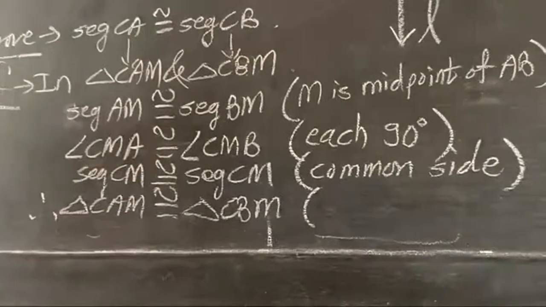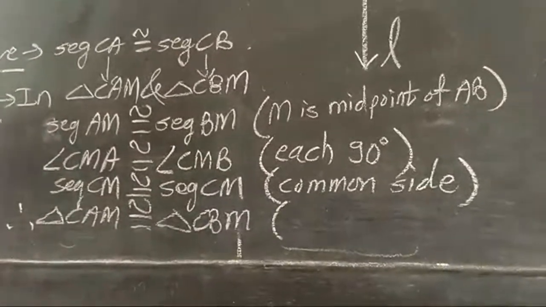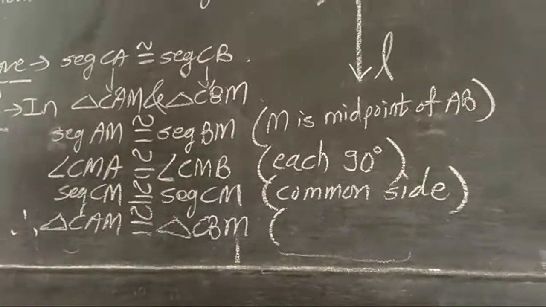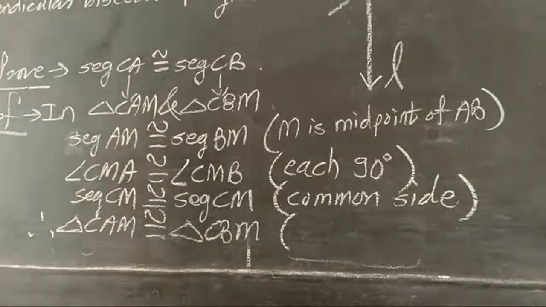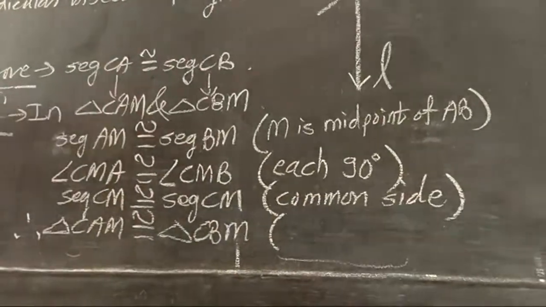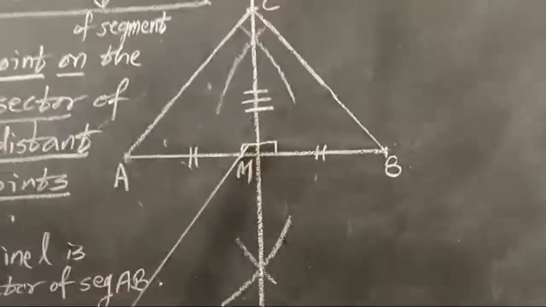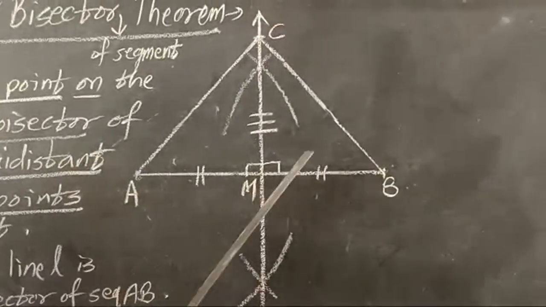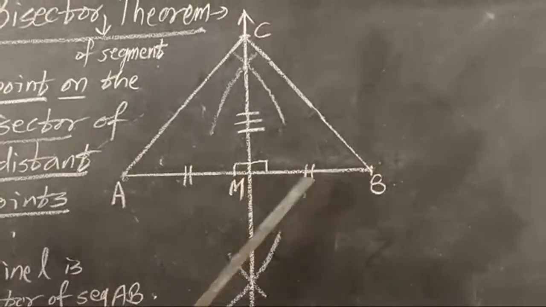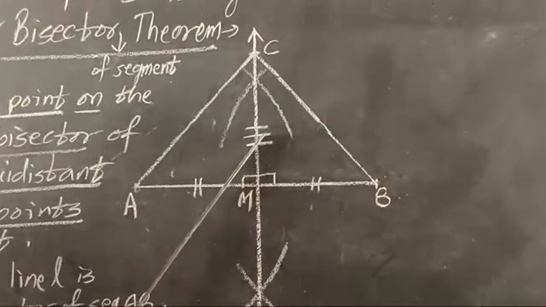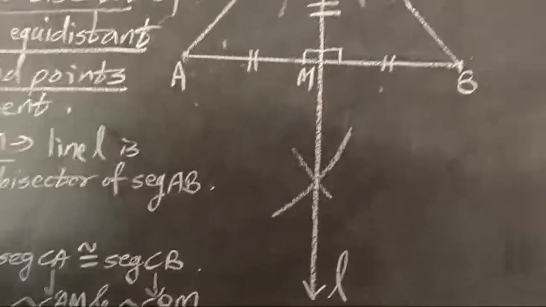And the reason is, hypotenuse triangles, small mistake. Yes, test. Good. Tell here, yes, A, yes, in that triangle. Yes, A, yes, means what we write?